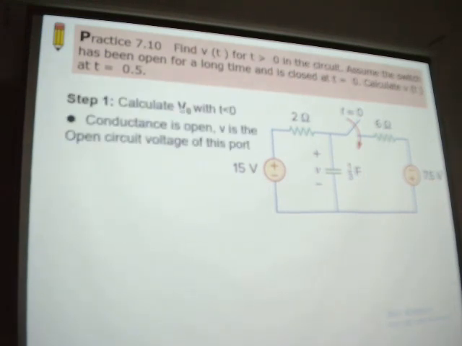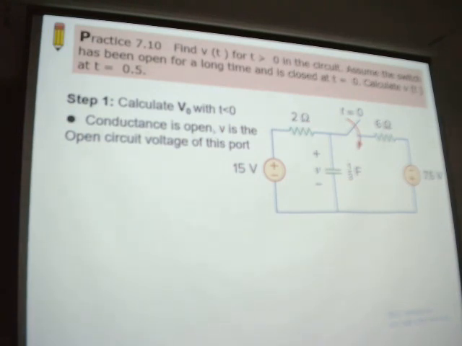The first one, we calculate the V0 with t smaller than 0. For you guys, the best thing is to draw 2 subfigures: one figure for t smaller than 0, another for t greater than 0. For t smaller than 0, we try to calculate the V0, because our V0 is equal to our V0 minus.